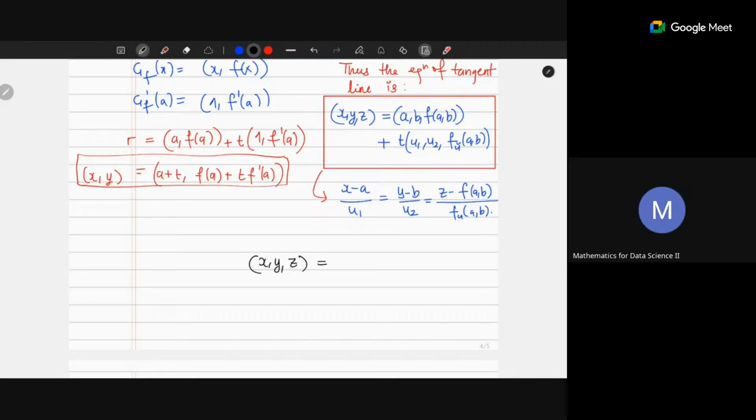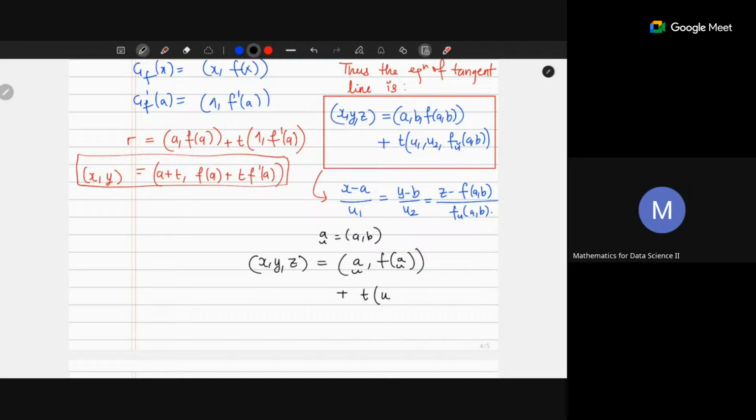Now (a, b) is the vector, it is the point in the domain, so I can write it as a tilde. Thinking that a tilde is (a, b), I can write it like this, f of a tilde plus t.